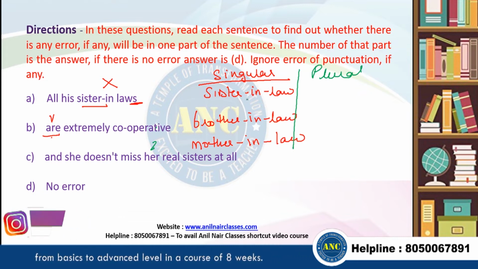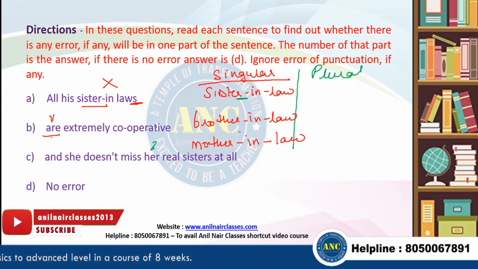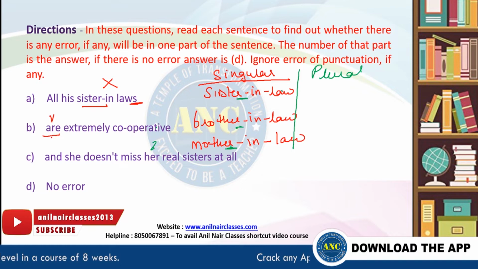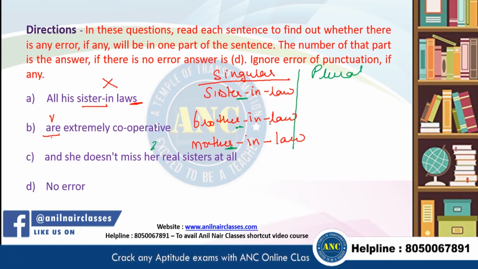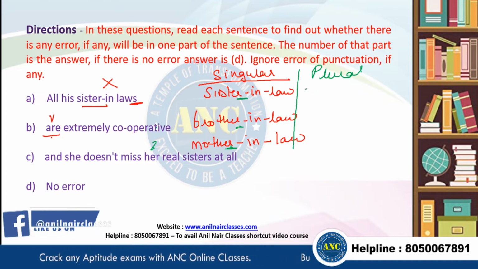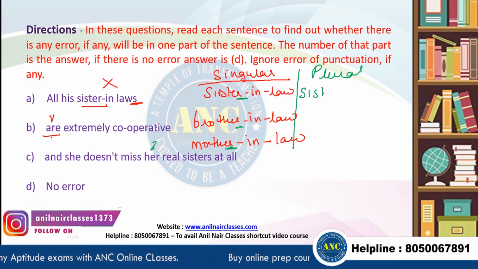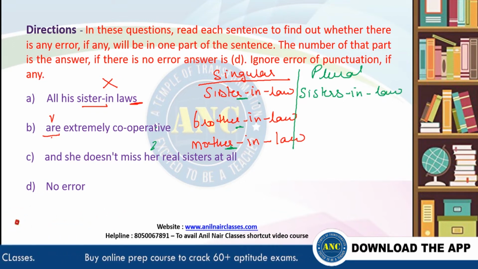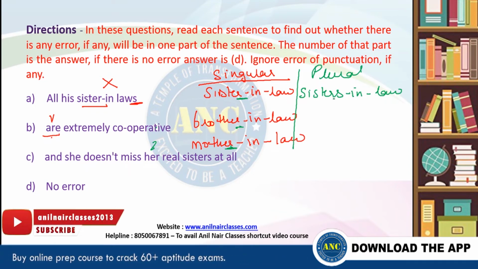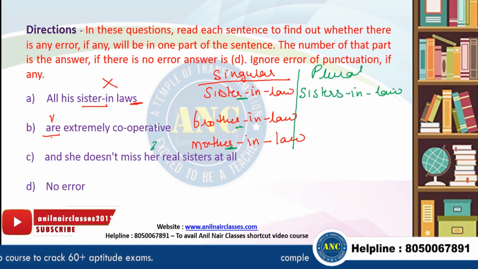The plural S will always be taken with the first main noun, not with the law. Law apostrophe S will come when we are talking about the possessive case. So the plural will be what? Sisters-in-law. When I say sister-in-law, one sister-in-law. When I say sisters-in-law, more than one sister-in-law.